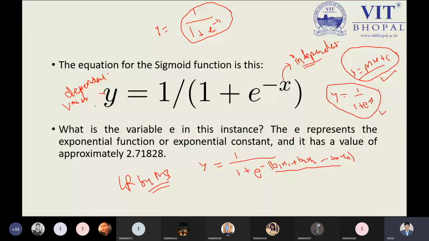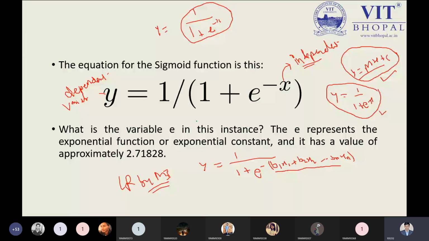If I need to write this equation for a number of independent variables, I can update it like this: y equal to 1 upon 1 plus e to the power minus (b0 + b1x1 + b2x2 + b3x3 and so on up to bnxn). So I'm solving this problem with multiple independent variables, and b1, b2, b3 are their respective coefficients. But the equation written above, y equal to 1 upon 1 plus e to the power minus x, is the sufficient equation, so we will not bother about the other things.